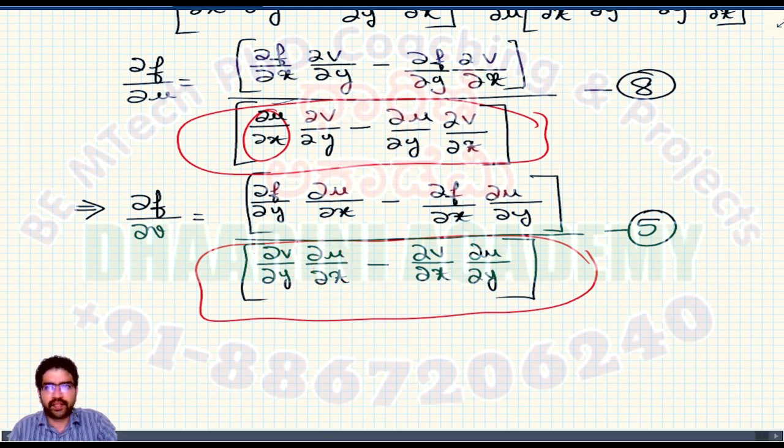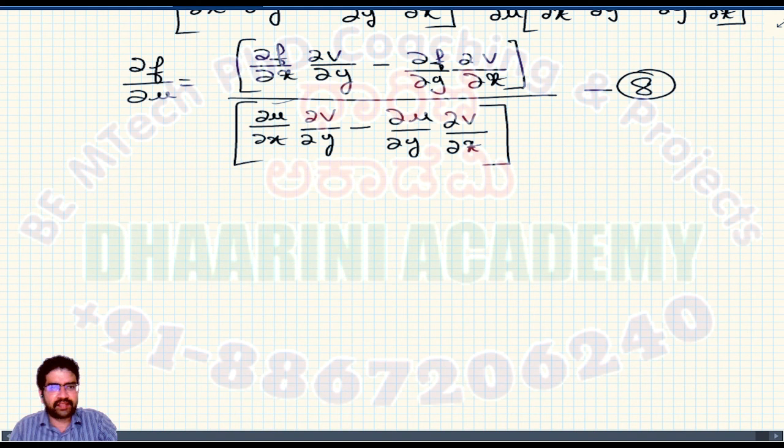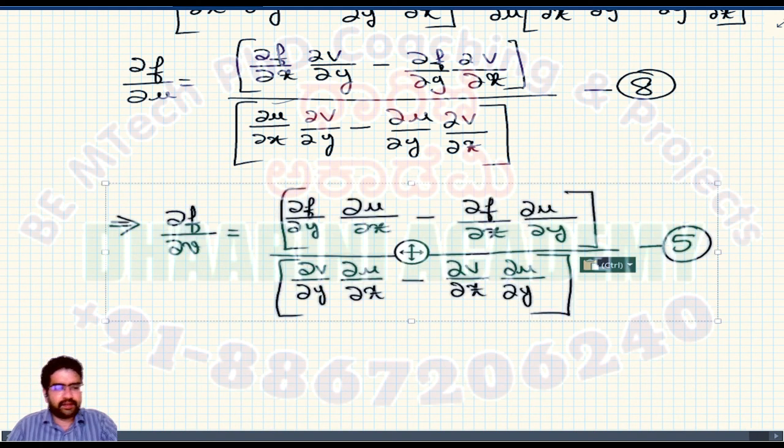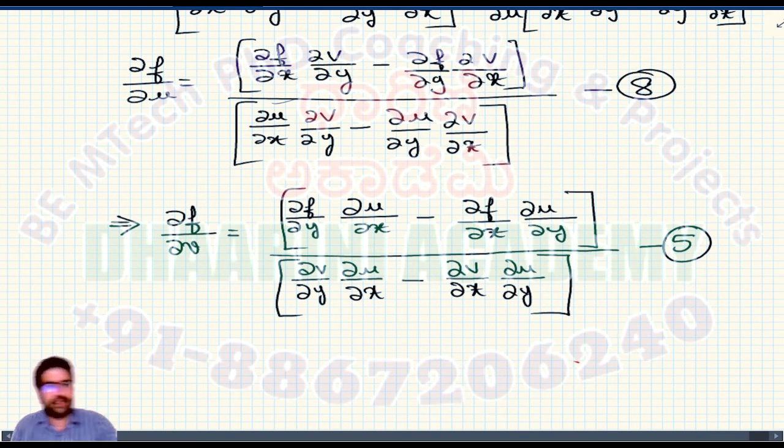The denominators of both equation number 8 and equation number 5 are same, which indicates that that's the common factor you need whenever you calculate the ∂f/∂u and ∂f/∂v for any given coordinate system. All right, let's proceed.